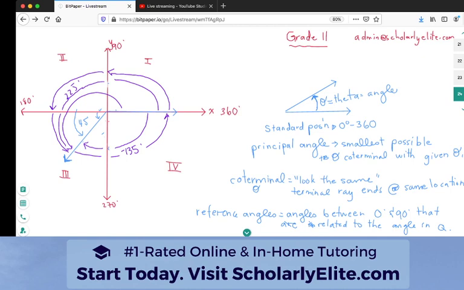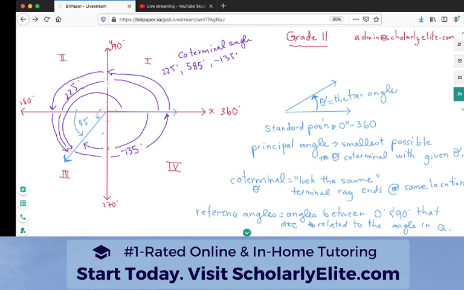So that'll be 360 plus 225. So 585 is another coterminal angle. So we've got 225, we've got negative 135. These are all coterminal angles because they're all in the same spot, looking exactly the same.